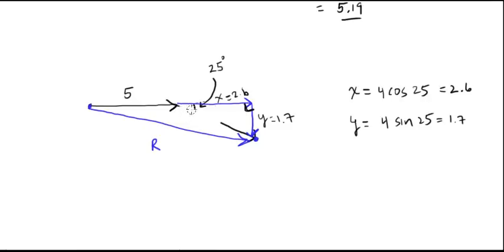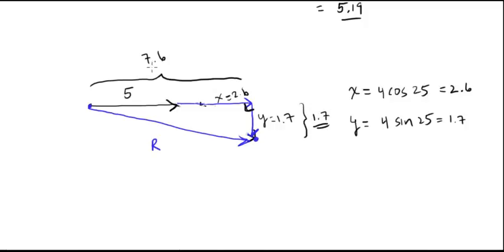I've split that vector, the 4-unit vector, into its two components, so I can go ahead and get rid of it. And now I've got one big right triangle, right? Let me get rid of that as well. So now I've got one big right triangle, and the overall east part of this right triangle is 5 plus 2.6, which is 7.6, and the overall amount south is 1.7.